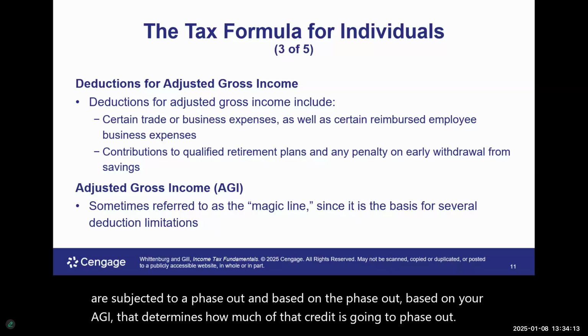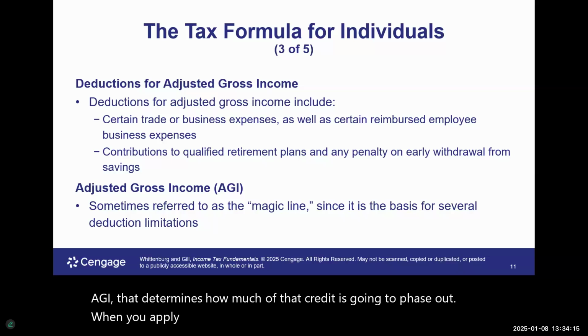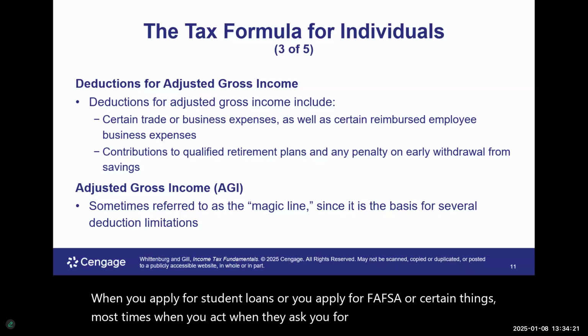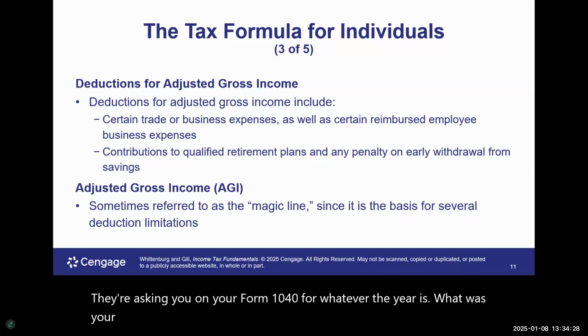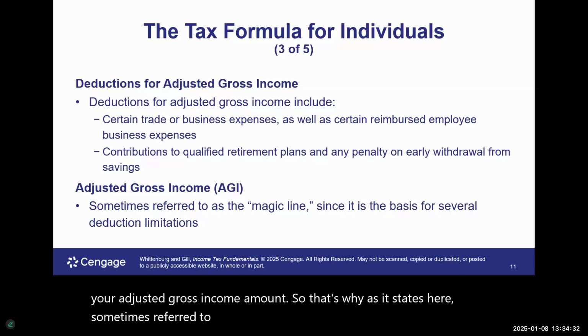When you apply for student loans or you apply for FAFSA or certain things, most times when they ask you for your information, they're asking you on your Form 1040 for whatever the year is, what was your adjusted gross income amount? So that's why, as it states here, it's sometimes referred to as the magic line.